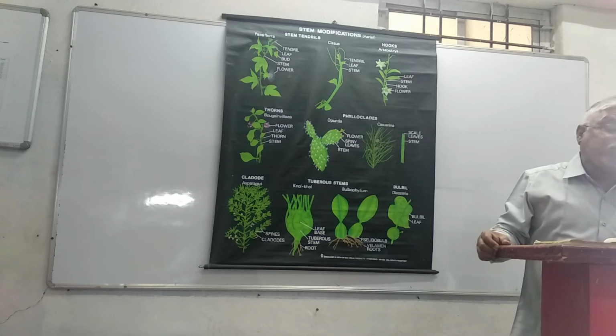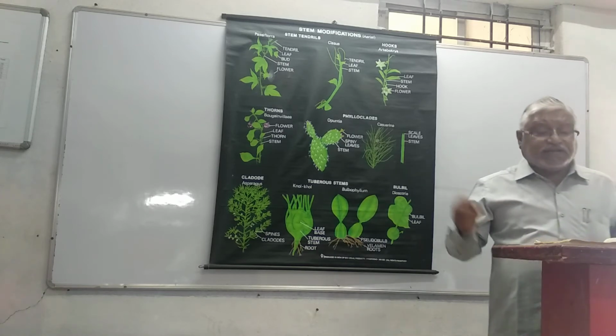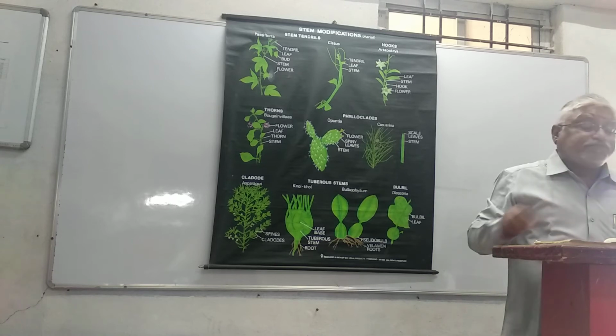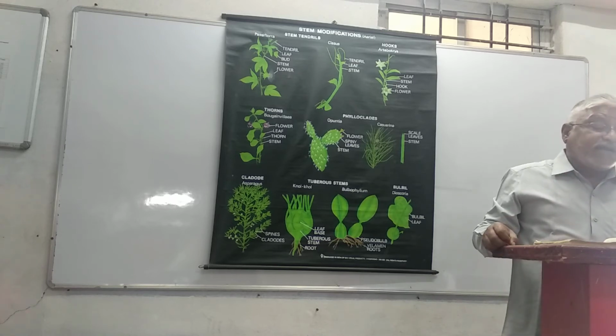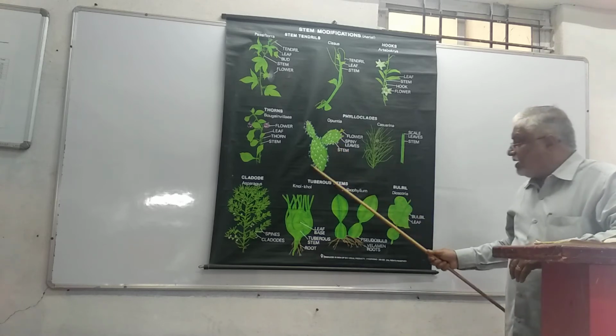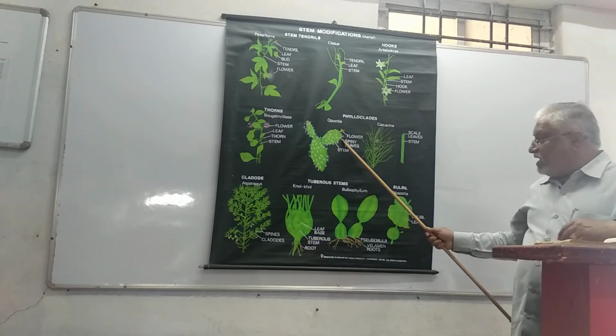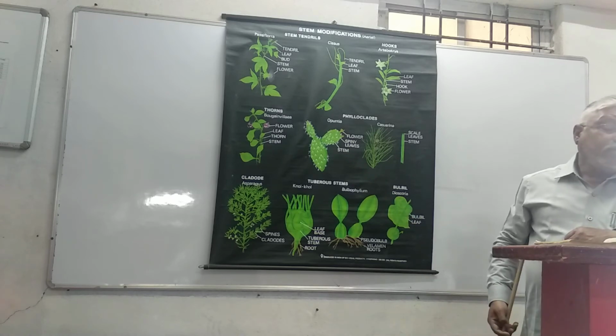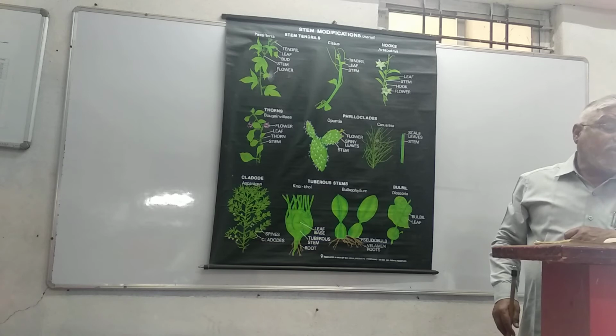Then the third one is phylloclade. Some plants of dry and arid regions shed their leaves, or reduce them into spiny leaves, to lose less water.